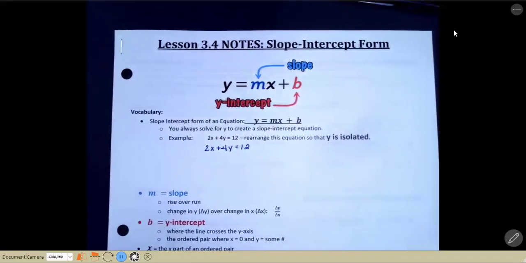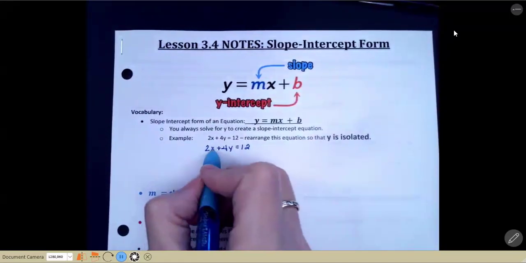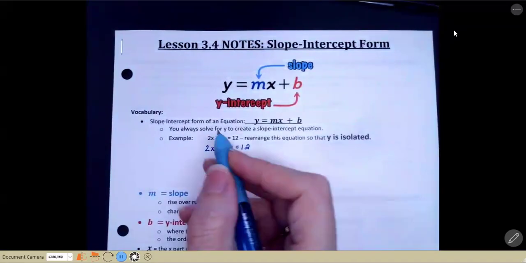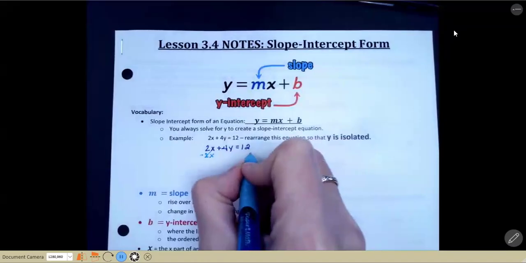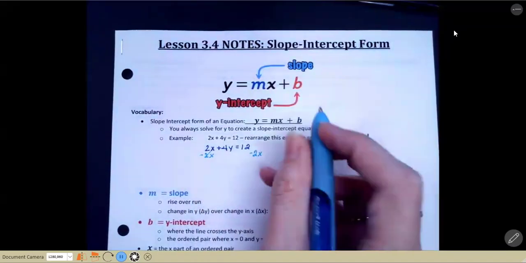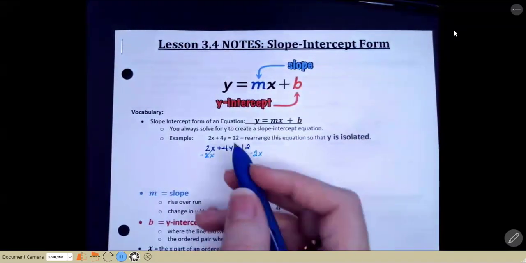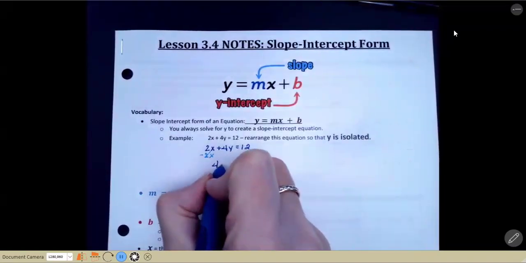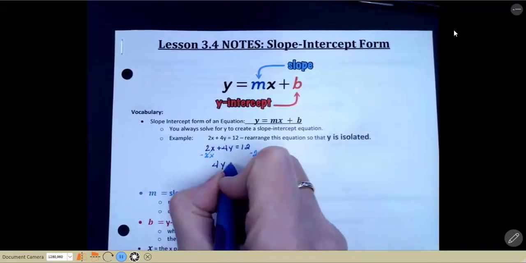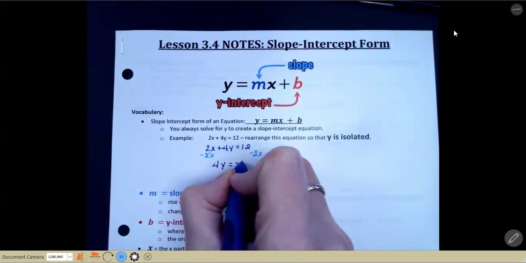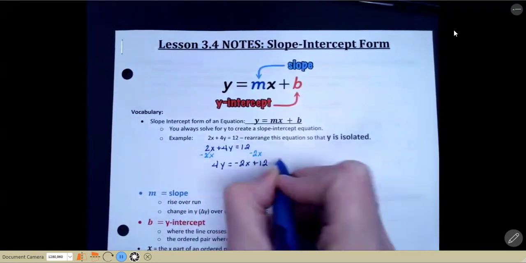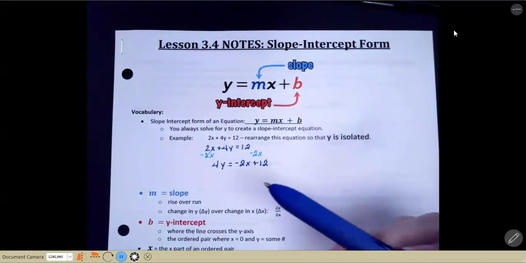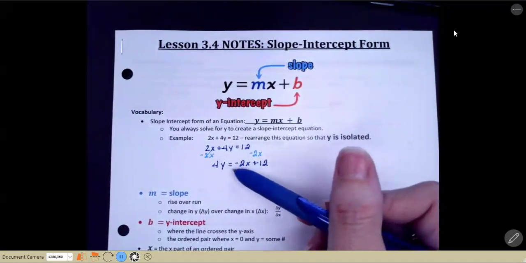So we take 2x plus 4y equals 12 and rearrange it. In isolating y, we have to get rid of our 2x first, so we subtract 2x on both sides. In the slope-intercept form of an equation, your slope term comes first before your constant term. So this is the correct way to write it. Now, some students stop here, but y is not isolated.